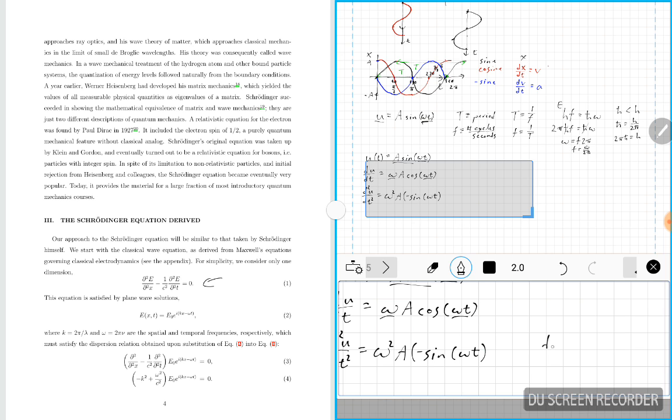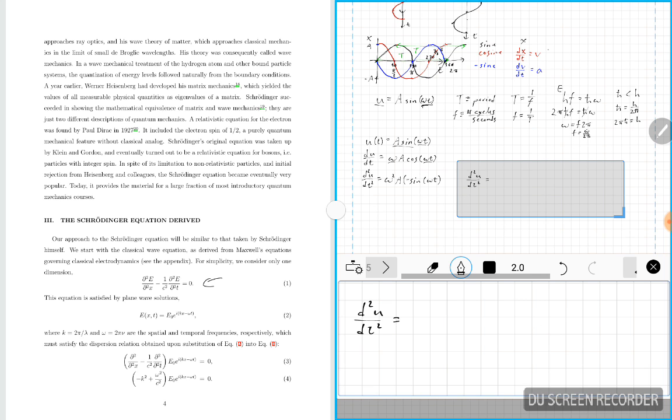So my second derivative equals negative omega squared a sine omega t.